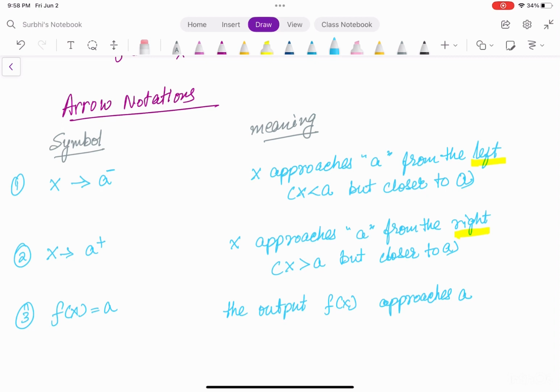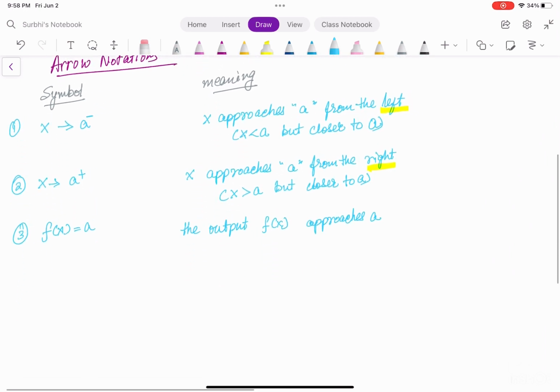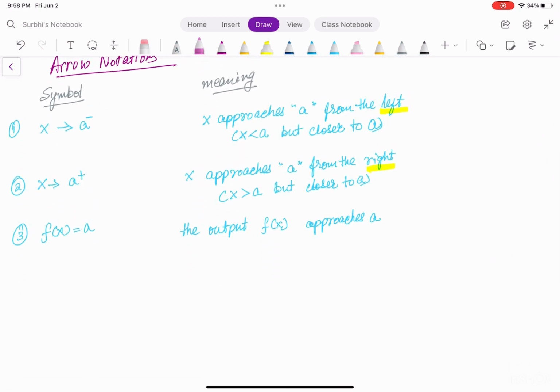The output f of x approaches a, right? So f of x is nothing but your y term, because in this case x is your input and f of x is the output. Now let's talk about something with infinity.